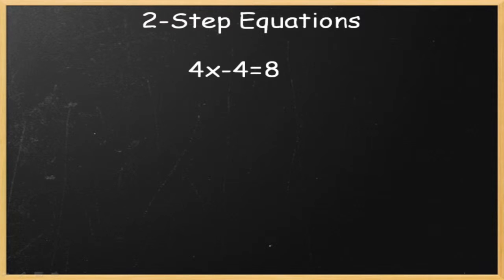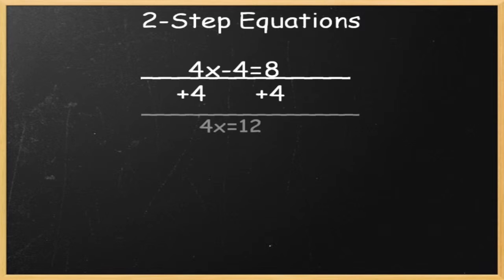4x minus 4 equals 8 is the example I put up there. To solve this, you have to use inverse operations. So, you will have to add 4 because you're subtracting 4. Now you get 4x equals 12.